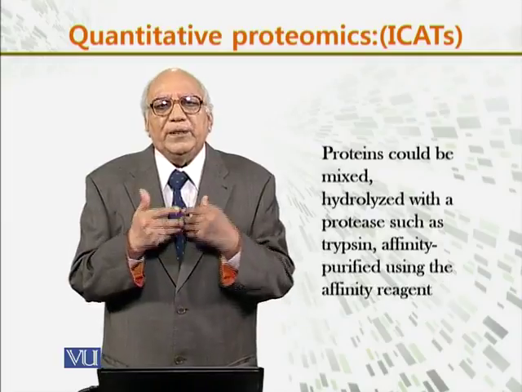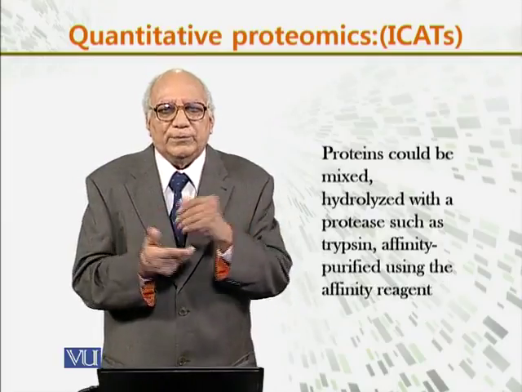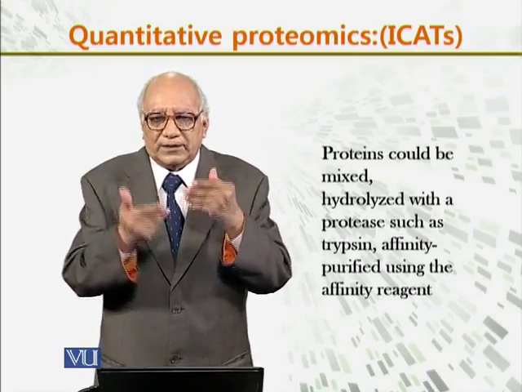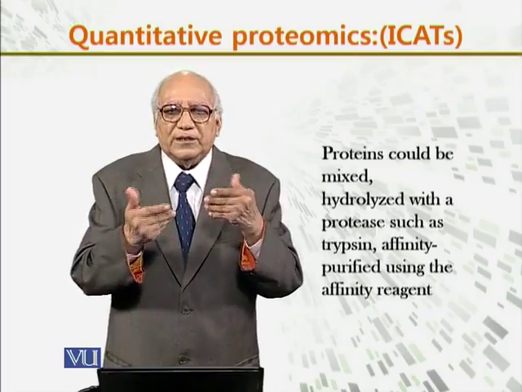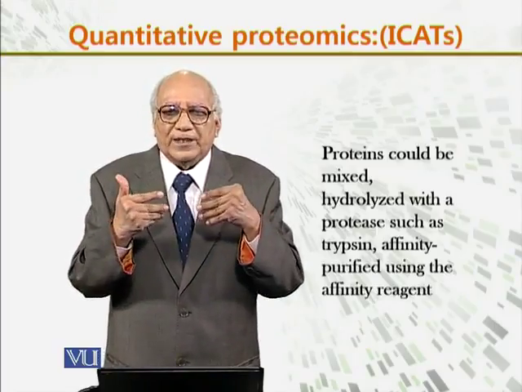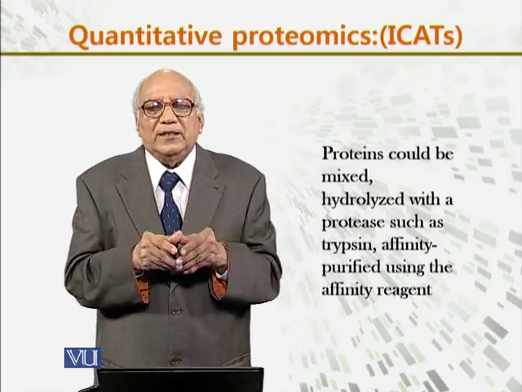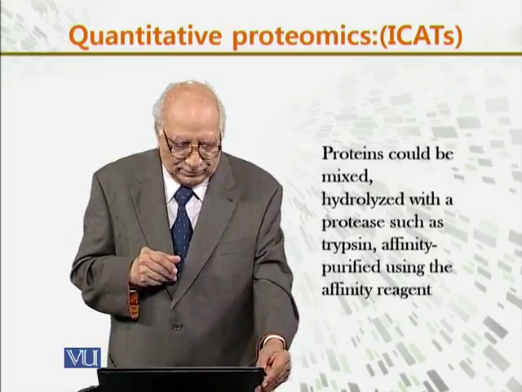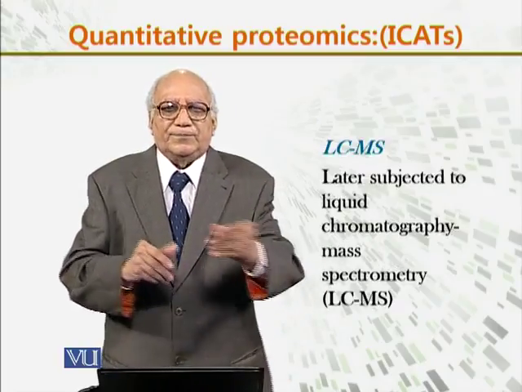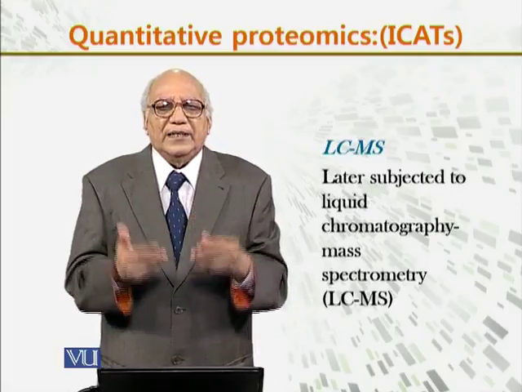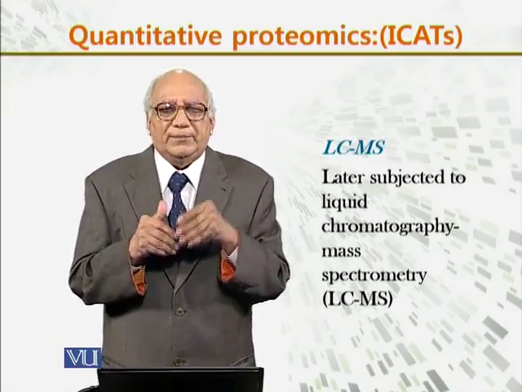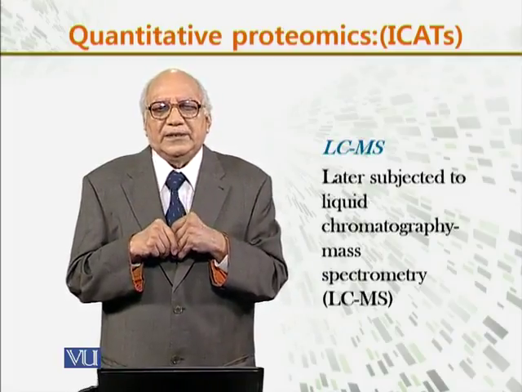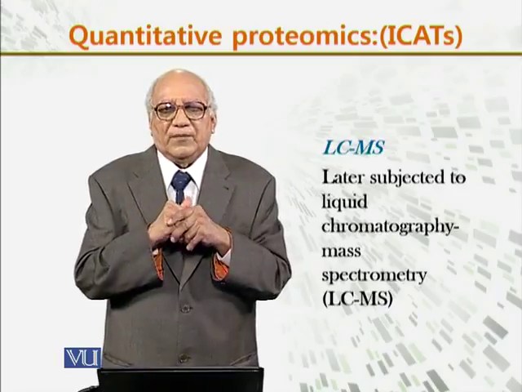Now the proteins could be mixed, hydrolyzed with a proteolytic enzyme, a protease such as trypsin, and purified using the affinity reagent into different components, and then later subjected to LCMS, liquid chromatography mass spectrometry.